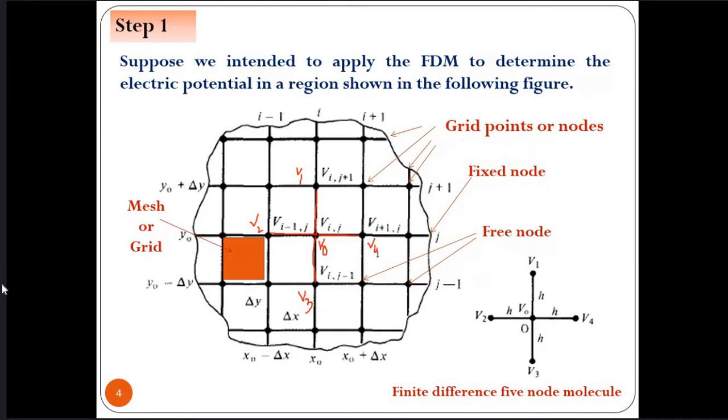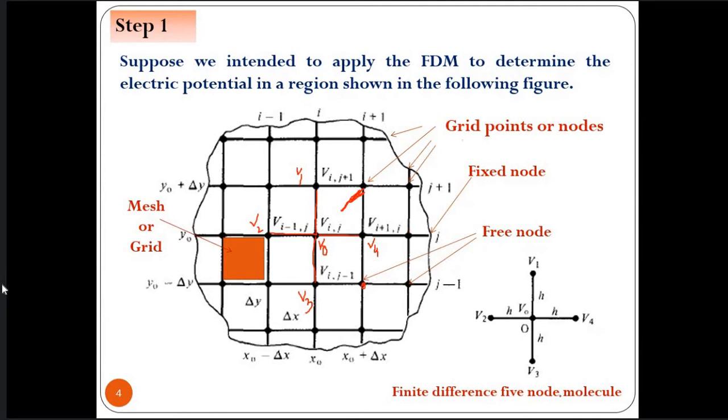So the potential of a particular free node only depends on the neighboring nodes which are directly connected. You see, this particular node is not connected with this other node, so the potential at this point will not depend on the potential of that node. In the same fashion, the potential at this point will not affect the potential calculation of this point. So only the nodes directly connected with a particular free node matter, not the other nodes.